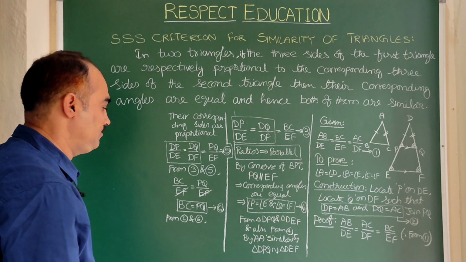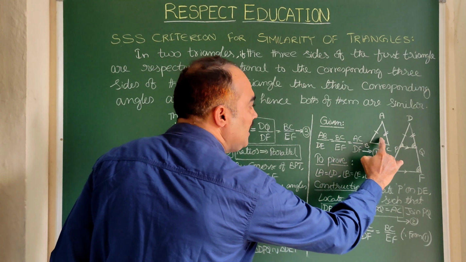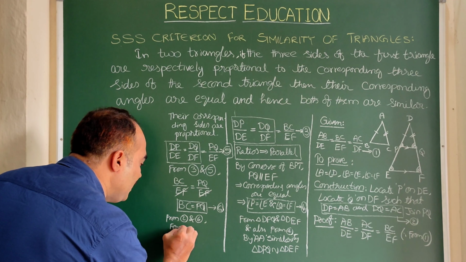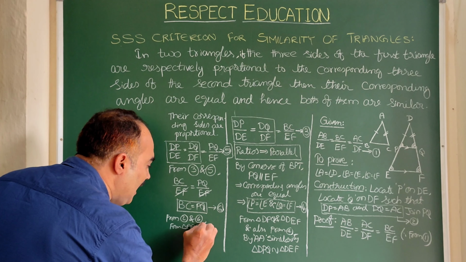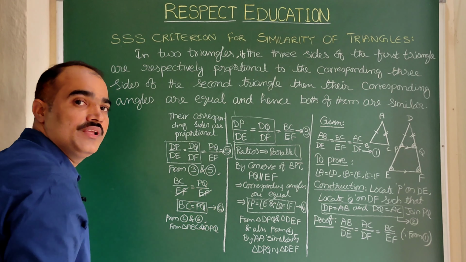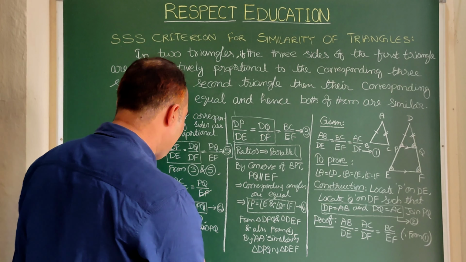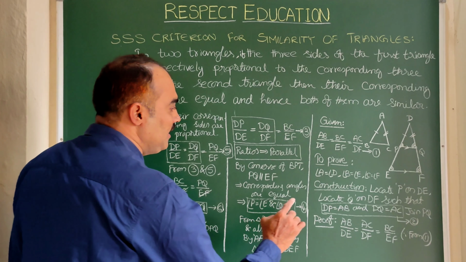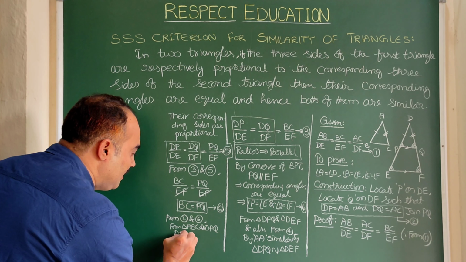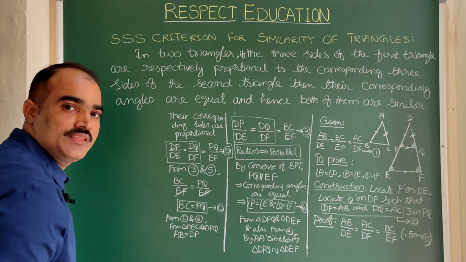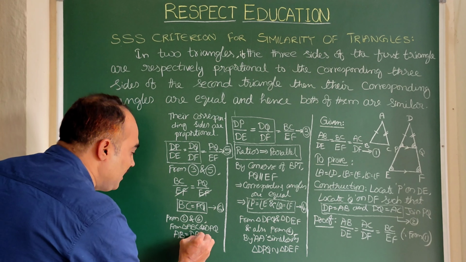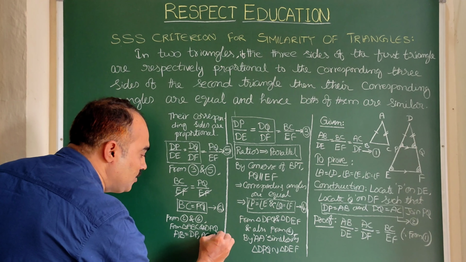From 2 and 6, and also from triangle ABC and DPQ, we can conclude that AB is equal to DP, AC is equal to DQ.